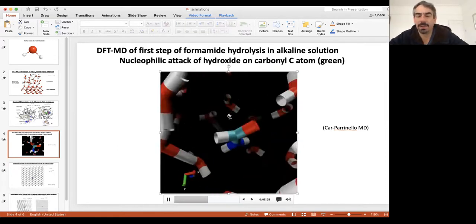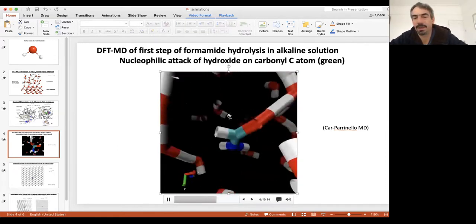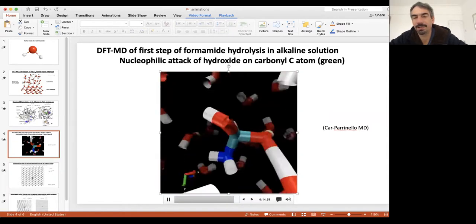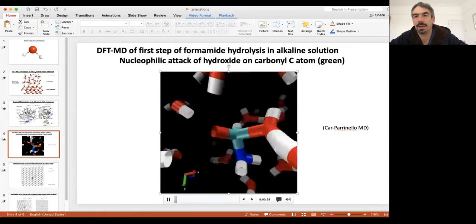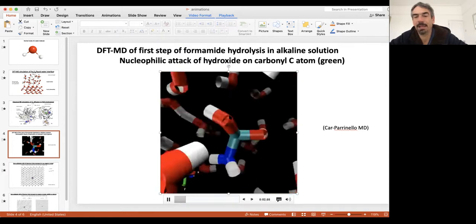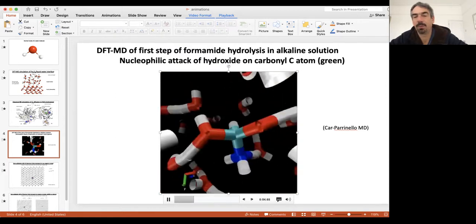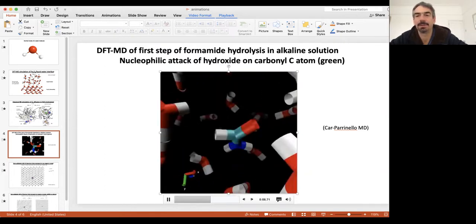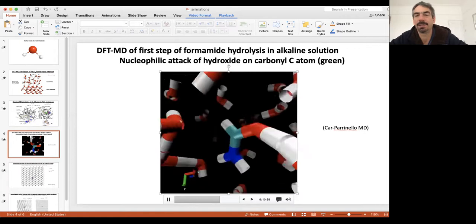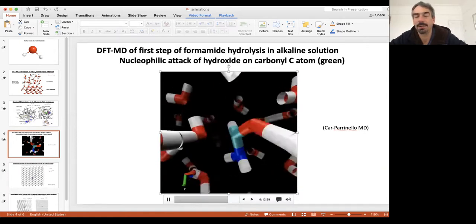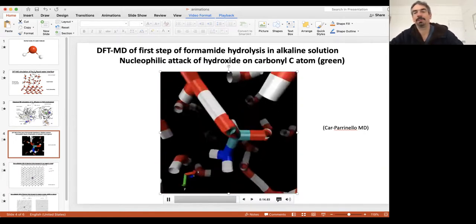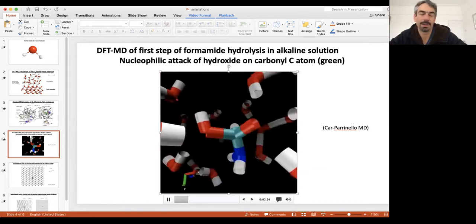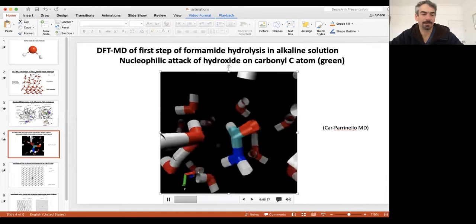You cannot really do this with classical force fields. People are working on reactive force fields, but it's still not clear how reliable they are. So this is one of the big advantages of ab initio: it allows you to do chemical reactions.